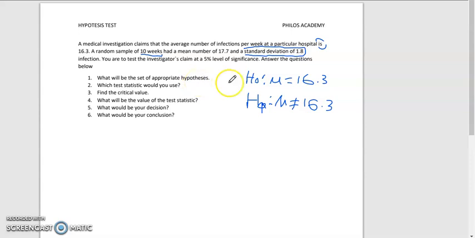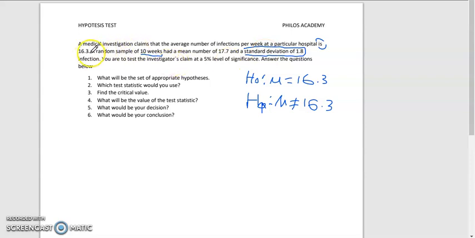Had it been that this standard deviation was a population standard deviation, now I can be confident enough to tell you that we are going to use the z. But this standard deviation is a sample standard deviation. Somebody will ask, what shows that it's a sample standard deviation? Let's look at this English.